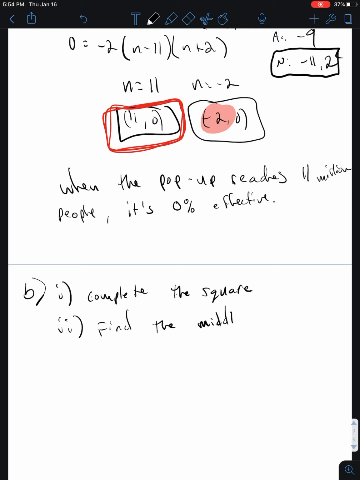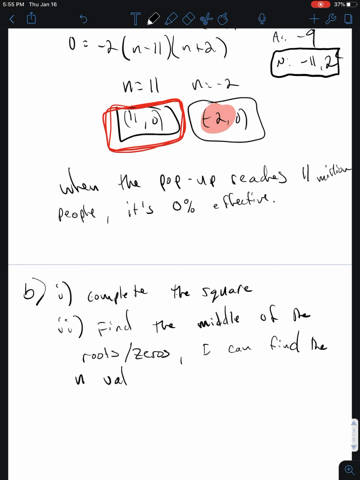But if I find the middle of the two roots, or zeros, I can find the axis of symmetry. Once I have the axis of symmetry, I can plug that value into the equation, get a y value. That's the maximum effectiveness, right?